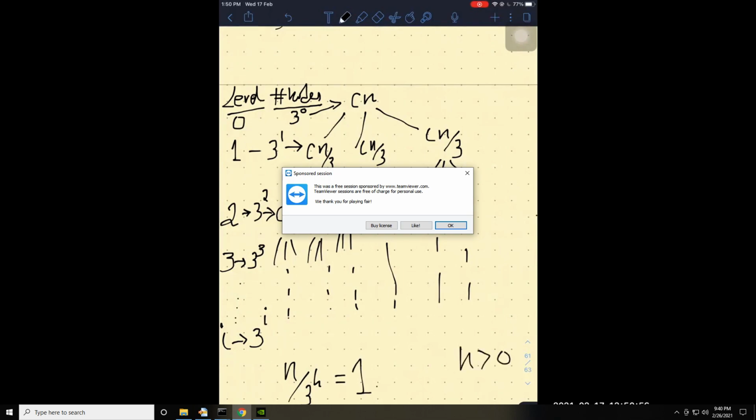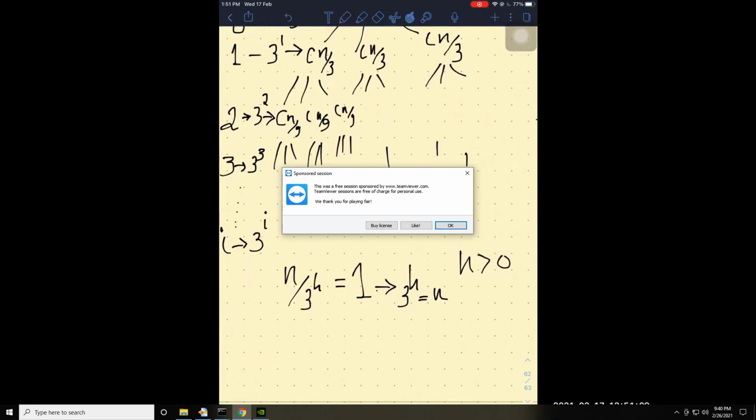So we will get from here 3 to the power h is equal to n, and then h is equal to log of n base 3. So is it clear? How we are getting this one from that equation? It is the basic property of log. Any question regarding this one?